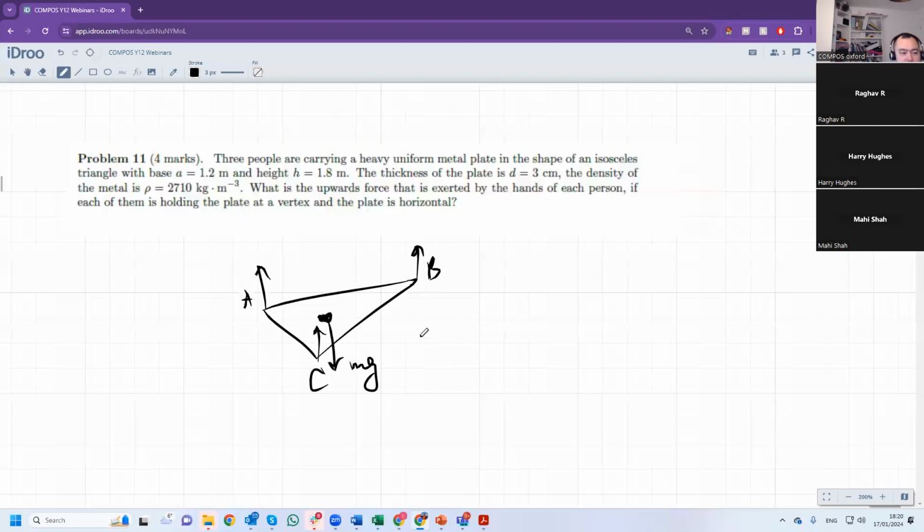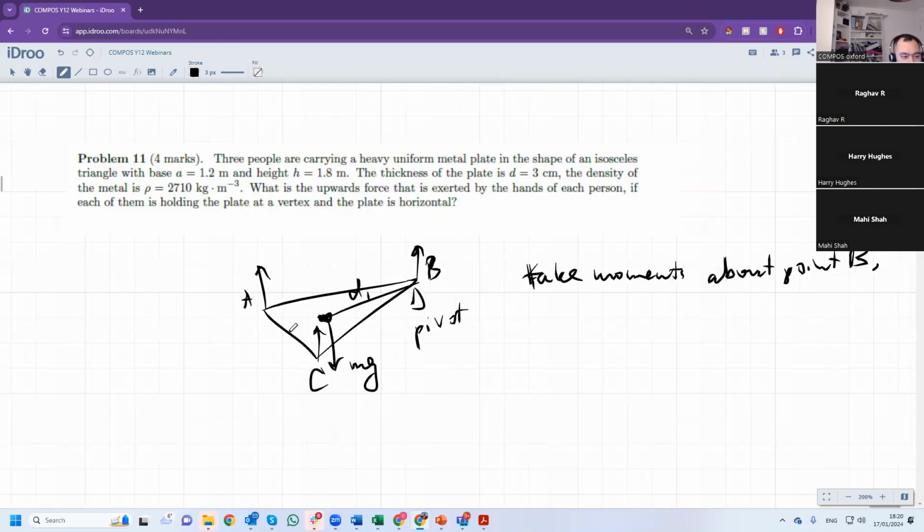So you take moments about point B, for example. B is the pivot. Then you have this distance, d1.